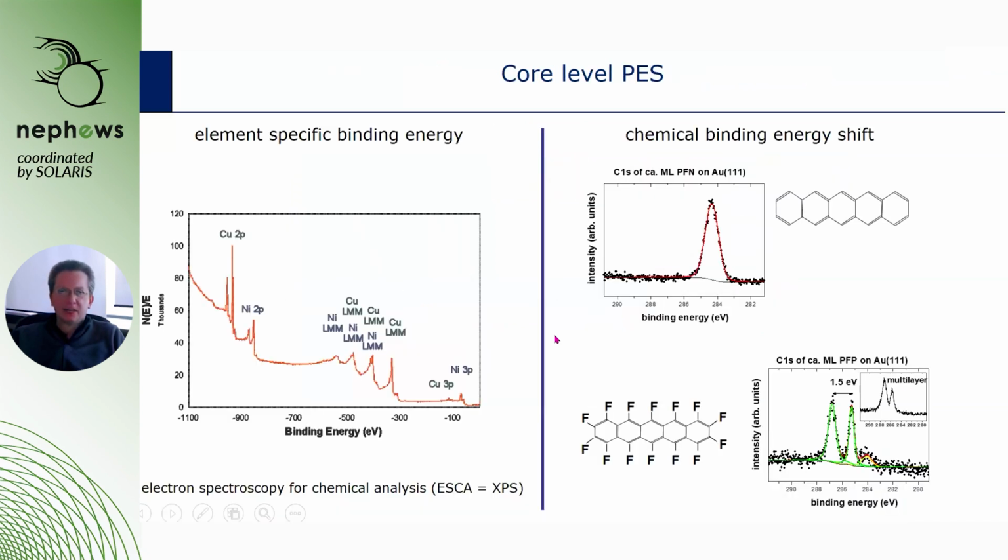Now, what is the basic information we get from core level photoemission spectroscopy? Already in the previous talk, you have heard that the electronic structure of each element is characteristic of the filled electronic orbitals of the atoms, and therefore each atom species, like copper or nickel, will have a different binding energy of the individual core levels. So just by looking at the binding energy of the peaks that you measure, you can identify the element that is there.